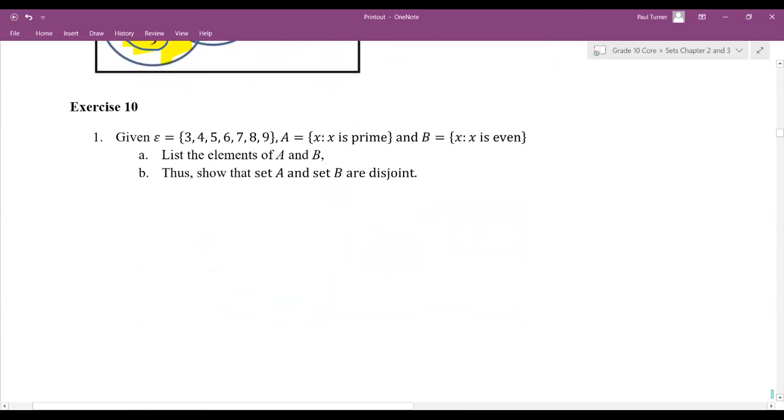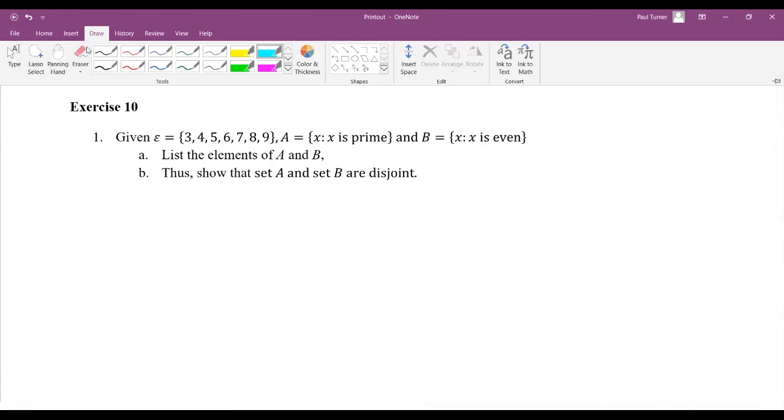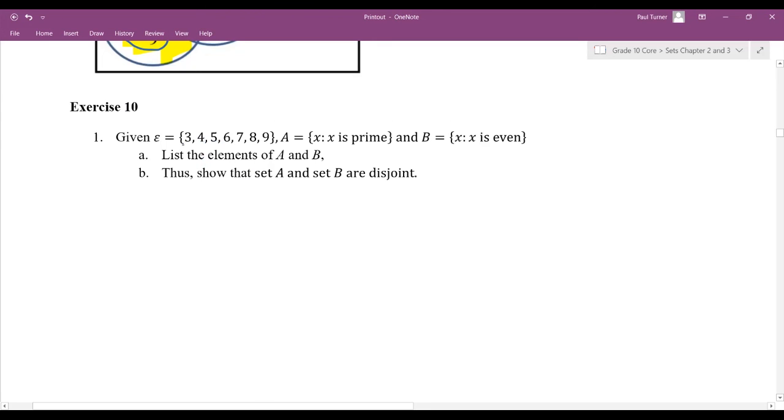Exercise 10. We may stop here because I think the next section, let me see what's after disjoint, is complement of a set. Well, we may not get to that. So take a look here. We've got a universe, which is 3, 4, 5, 6, 7, 8, 9.